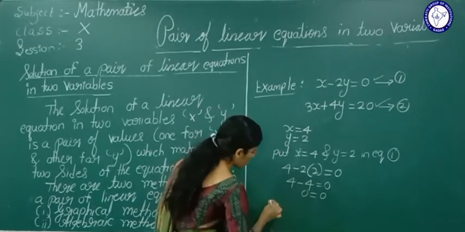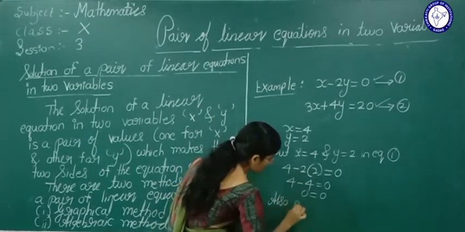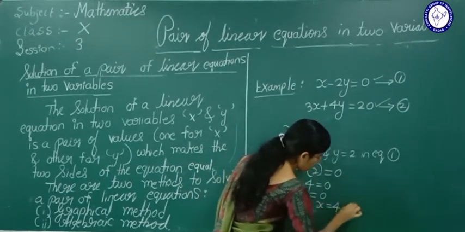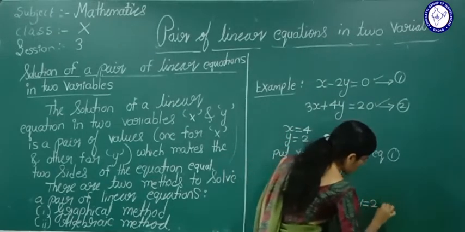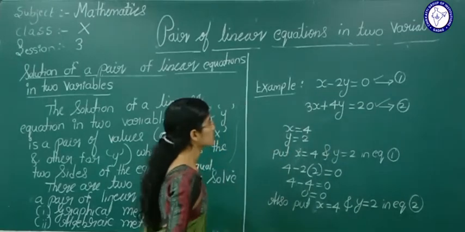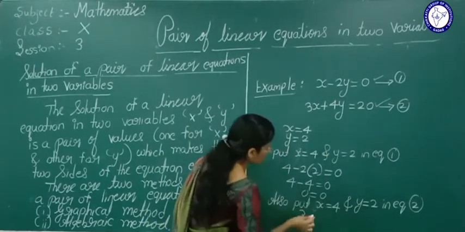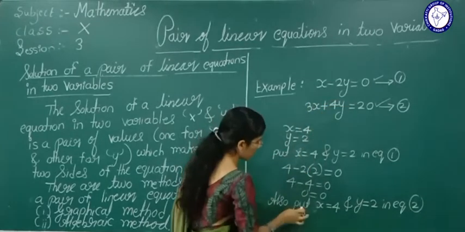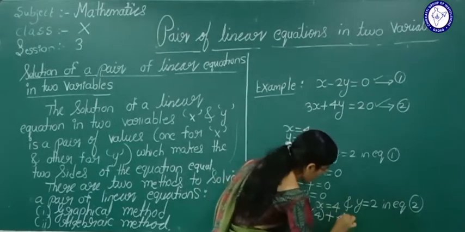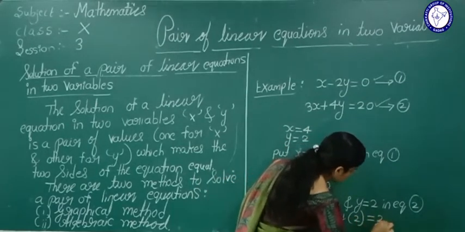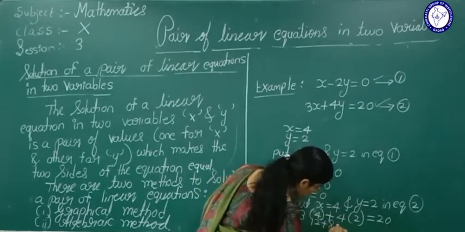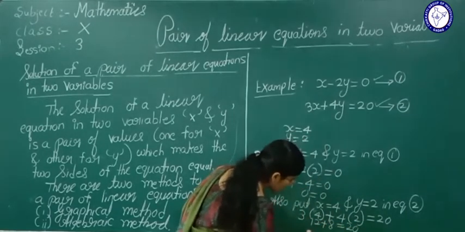Also put x is equal to 4 and y is equal to 2 in equation 2. In equation 2 you put the values of x and y. In place of x 4 is there, in place of y 2 is there. 4 threes are 12, 4 twos are 8. 12 plus 8 is 20.